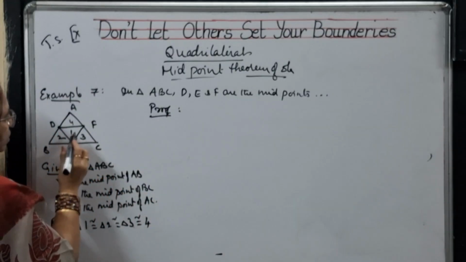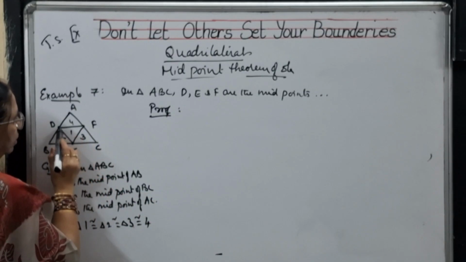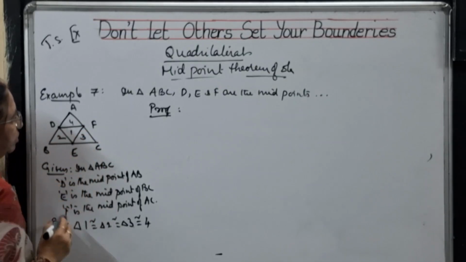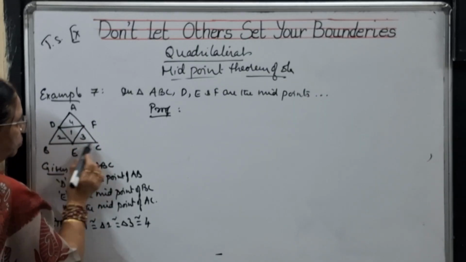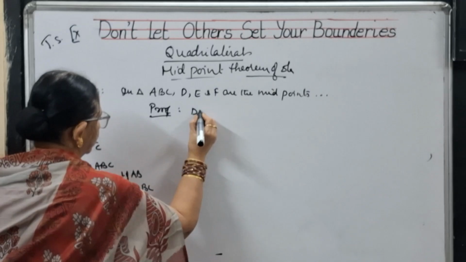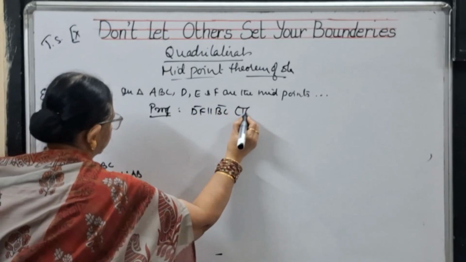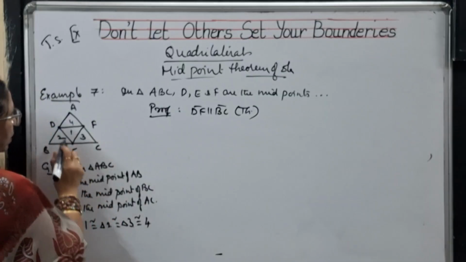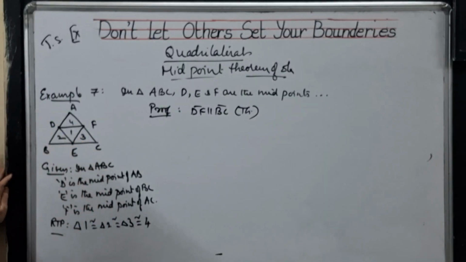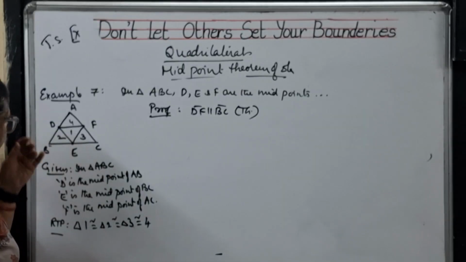So, children, D and F are the midpoints of the sides of triangle ABC. So DF is parallel to BC, based on the theorem which we have learnt: a line drawn through the midpoints of two sides of a triangle is parallel to the third side.